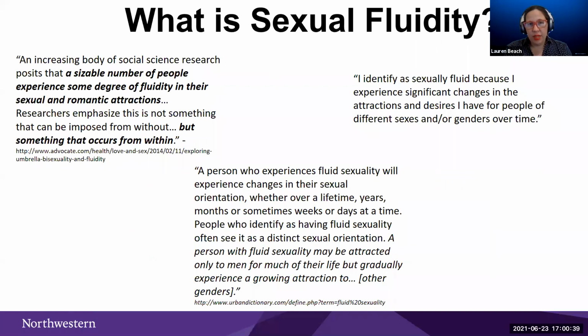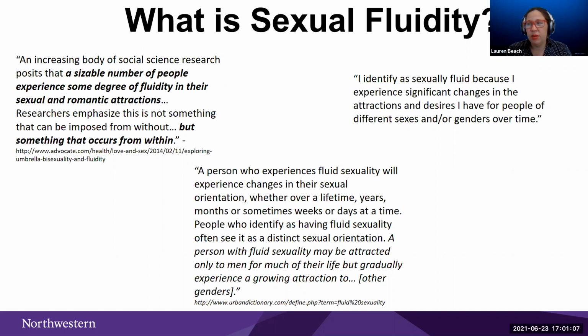So, sexual fluidity. We talked a little bit about this earlier. Time is an important dimension of sexual orientation and gender. We are looking here at these definitions that come from The Advocate, that are coming from people's descriptions of their identities. Sometimes people may identify as sexually fluid, or sometimes just as fluid.